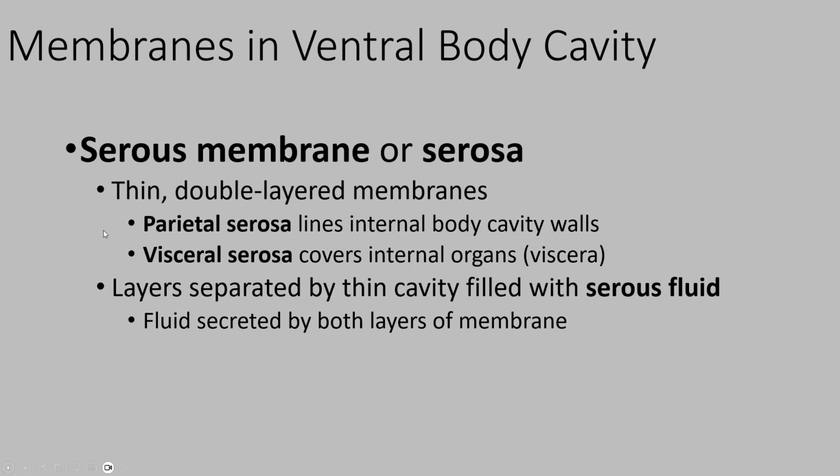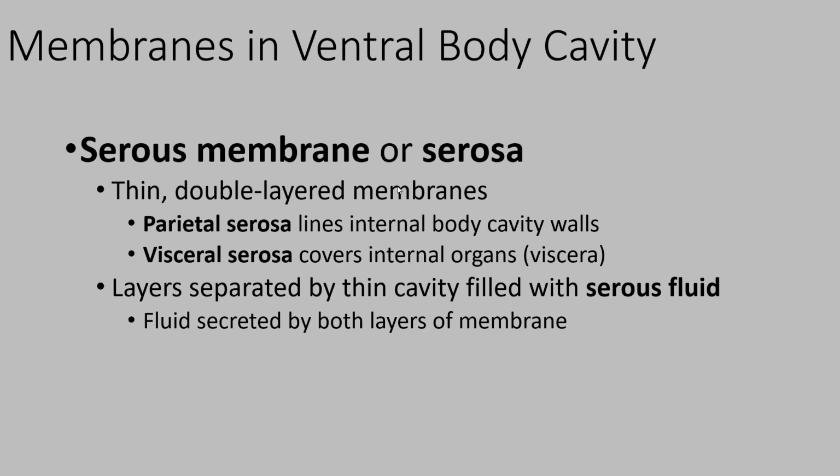The serous membrane is a thin, double-layered membrane. And double-layered is kind of tricky. It really is a single-layered membrane, but it folds back on itself so that it produces two layers that are really just extensions of each other.